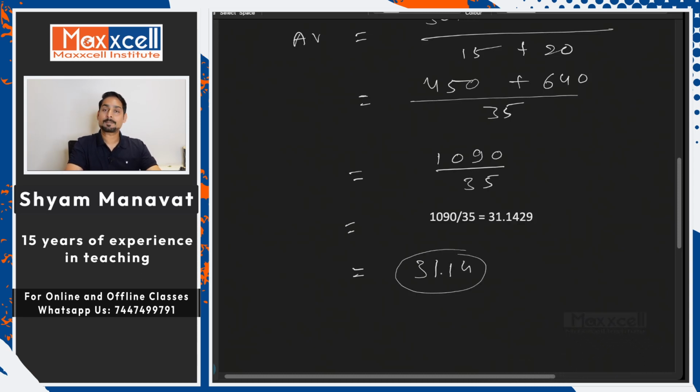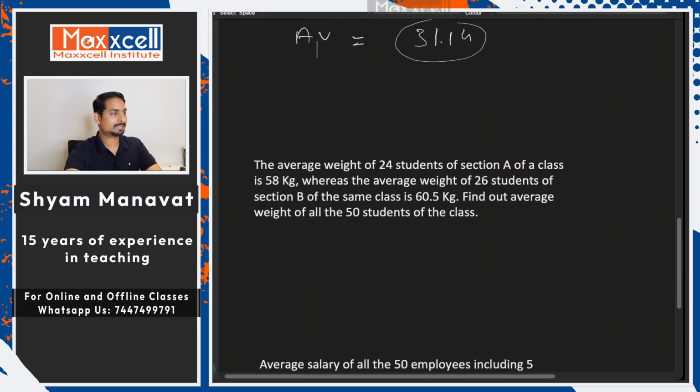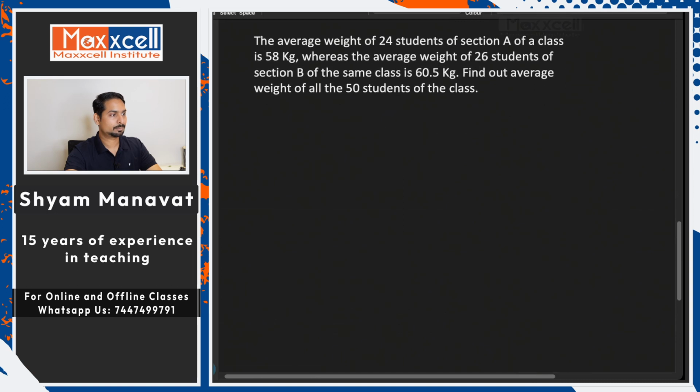Yeah, that is the average marks when you combine the students of section A and section B, when you try to find the combined average. Okay, so this is your combined average or weighted average. Now let's apply this formula in a couple of more questions.